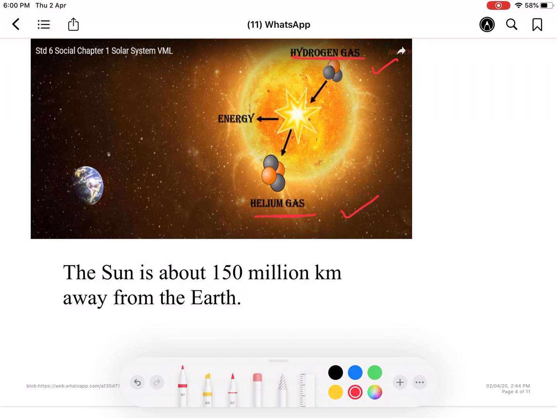We know that the sun is the closest star to the earth, but even then it is far away from the earth, and that distance between the sun and the earth is 150 million kilometers. So the sun is away from the earth by 150 million kilometers.